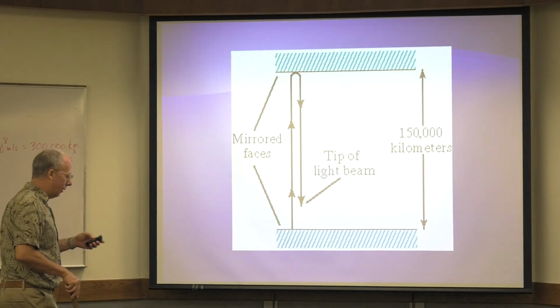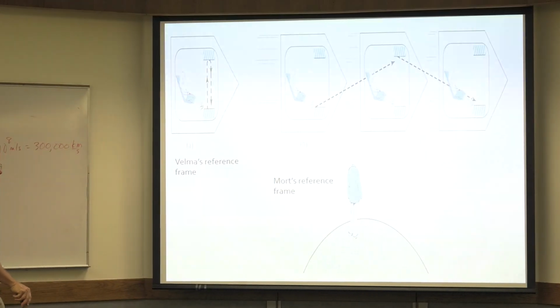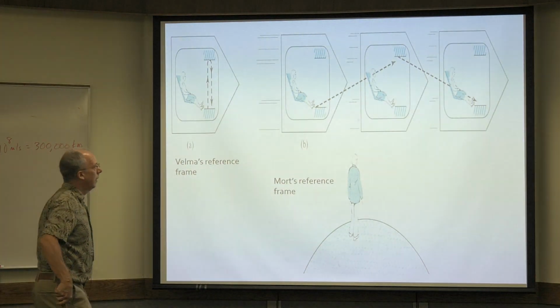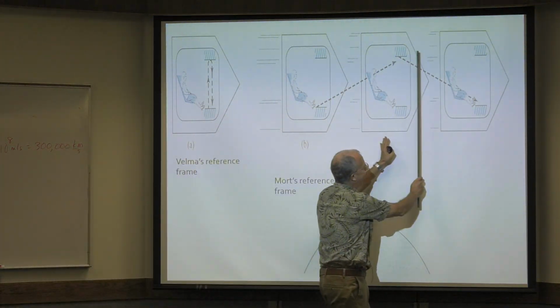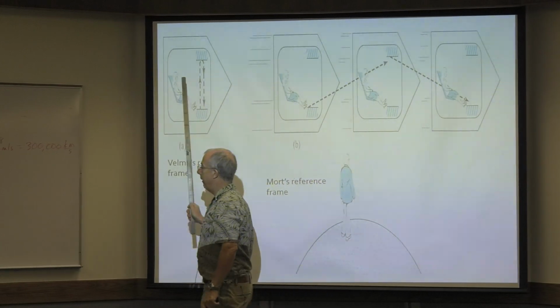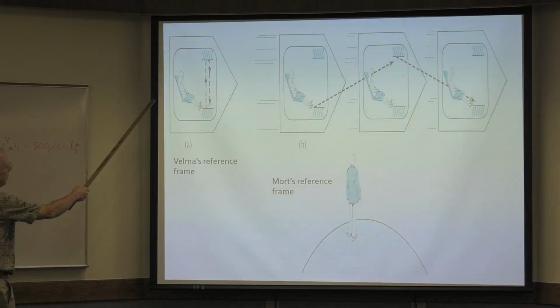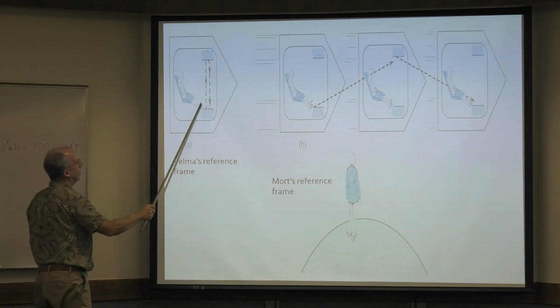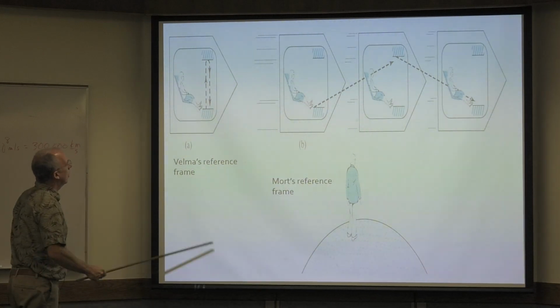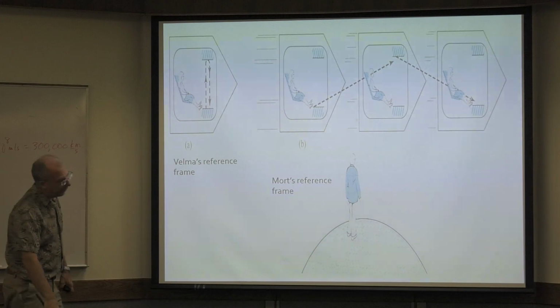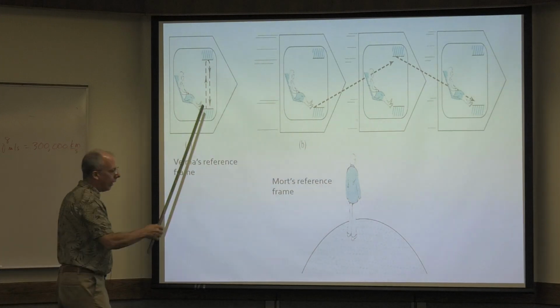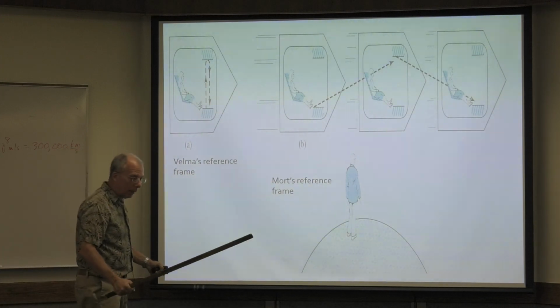Now, how are we going to use it? Again, two reference frames. So don't look at this yet, just look at this. Okay, now this is Velma. She must be pretty big, because remember, this is 150,000 kilometers. Just kidding. She's in her own rocket ship, and so the light clock is stationary relative to her.